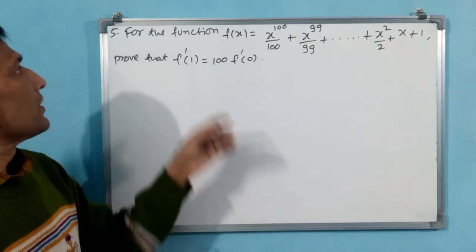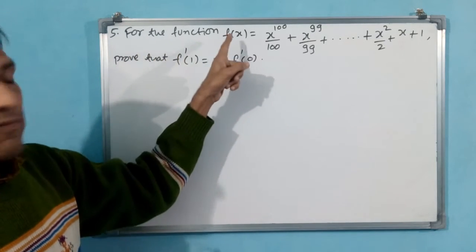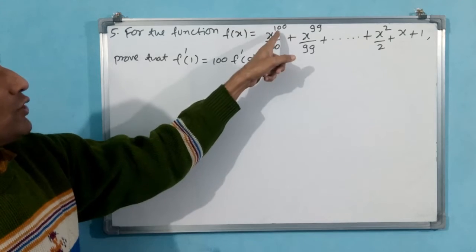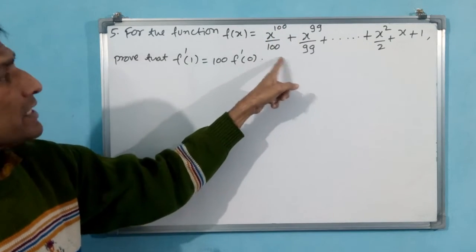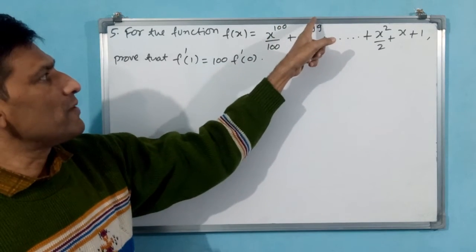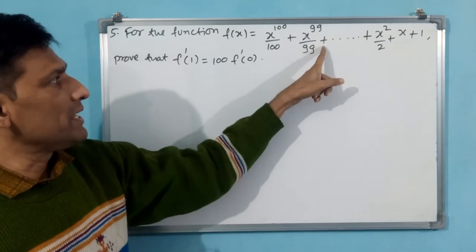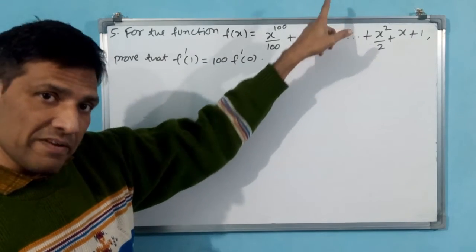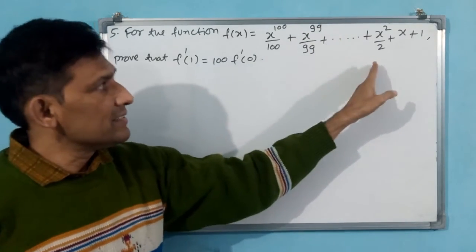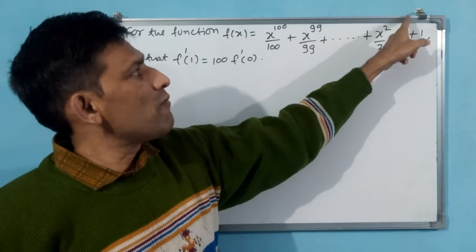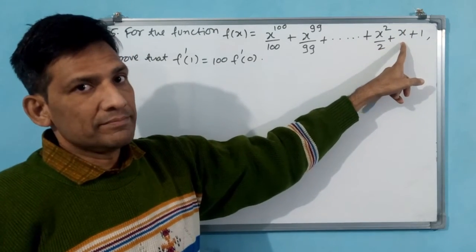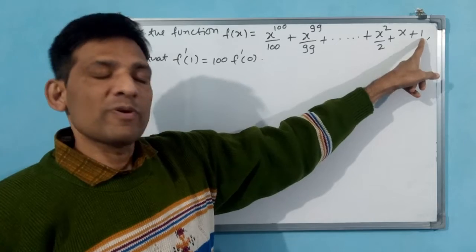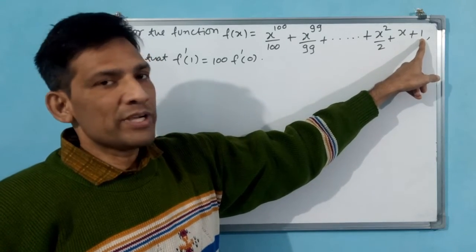Okay. For the function f of x is equal to x to the power of 100 divided by 100 plus x to the power of 99 divided by 99 plus x to the power of 98 divided by 98, like this up to x to the power of 1 divided by 1. Okay. But here x to the power of 0 is there, but divided by 0 you cannot write.